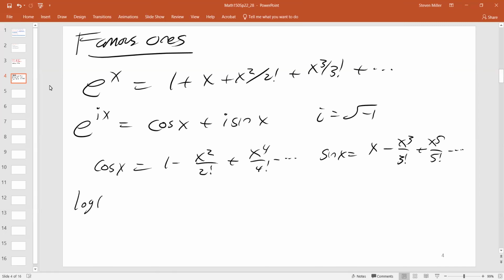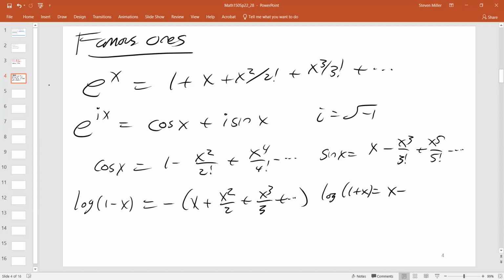The natural log of 1 minus x is negative x minus x squared over 2 minus x cubed over 3 minus dot, dot, dot, while the log of 1 plus x is x minus x squared over 2 plus x cubed over 3 minus dot, dot, dot. So these are some of the more famous Taylor series expansions. These are extremely valuable to know.